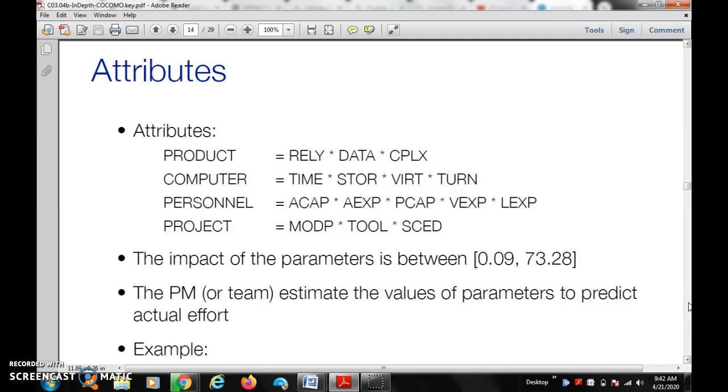constructive cost model. Product attribute means RELY into DATA into CPLX. Then computer means TIME into STOR into VIRT into TURN. And personnel means ACAP, AEXP into PCAP and VEXP into LEXP. And the project means MODP into TOOL into SCED.